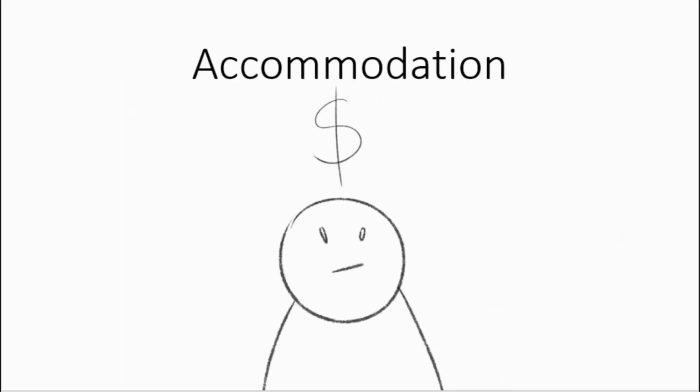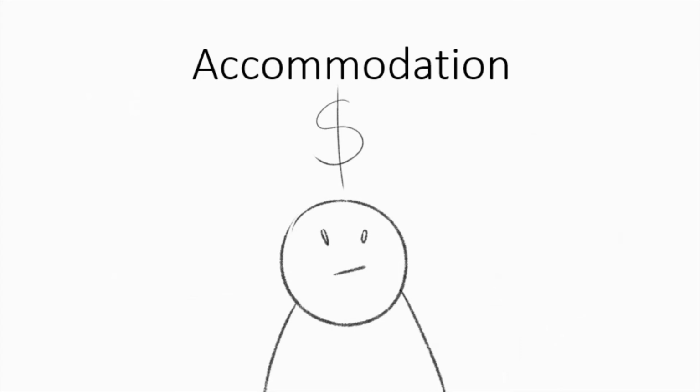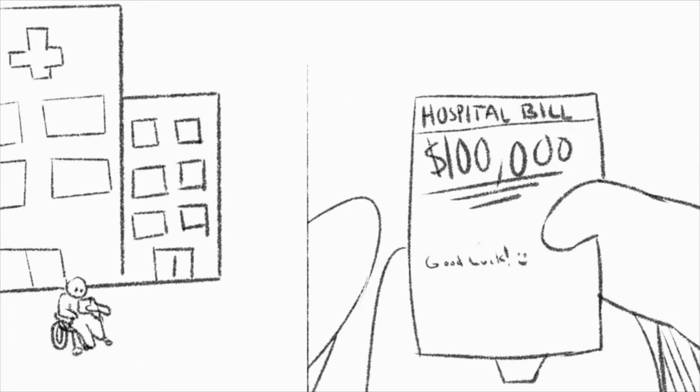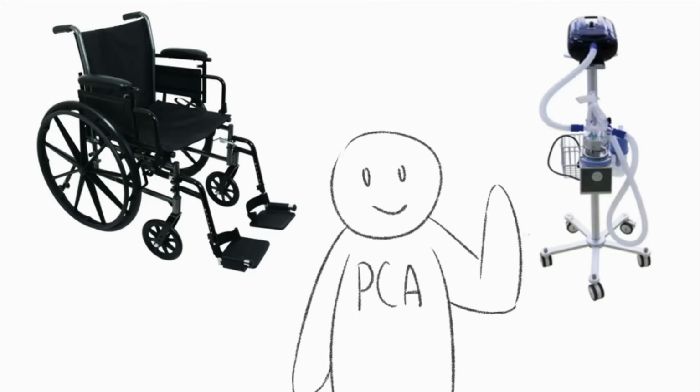Accommodation. When one paralyzes their legs or all limbs, they must go to the hospital for acute care and initial rehabilitation. For paraplegics, this may last 67 days, and 95 days for quadriplegics. In the U.S., hospital bills can easily become $100,000, with insurance only covering about half. Not to mention the possible need for wheelchairs, ventilators, and a personal care assistant.